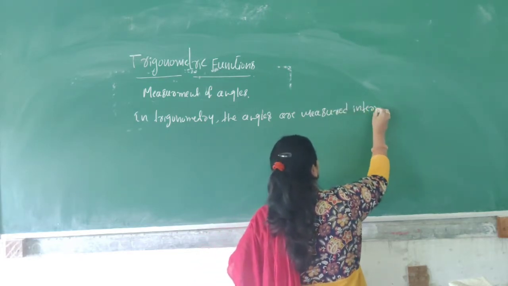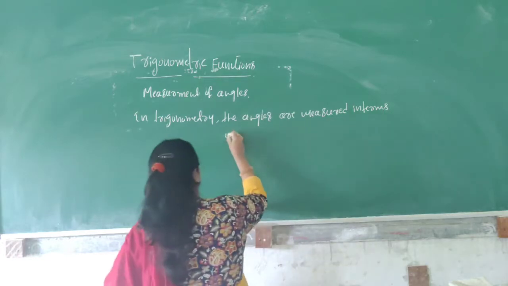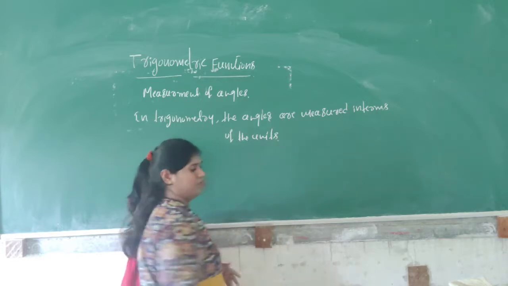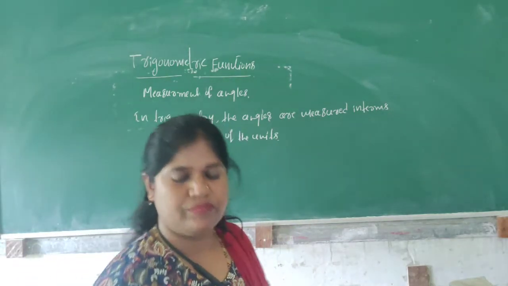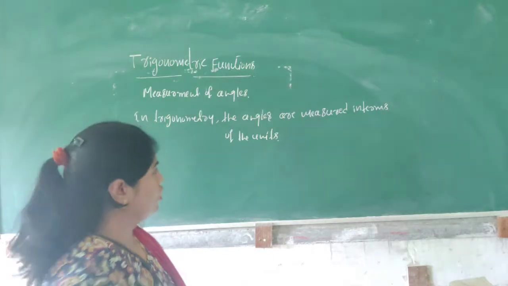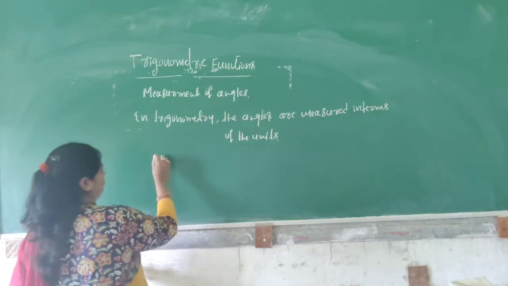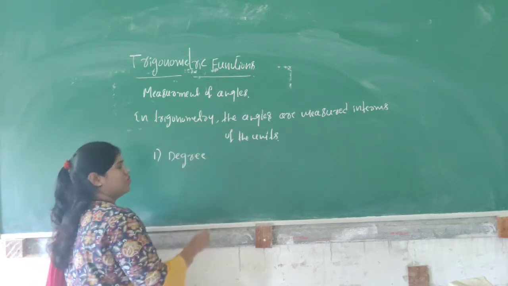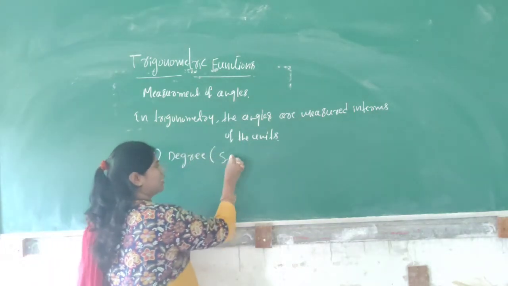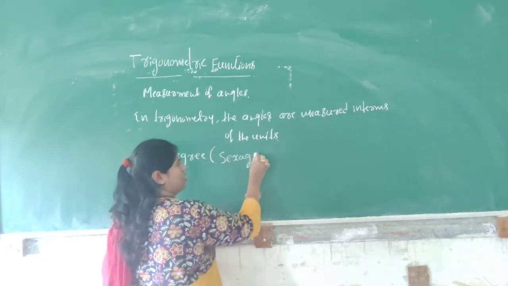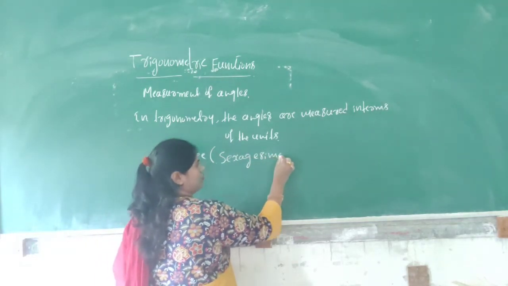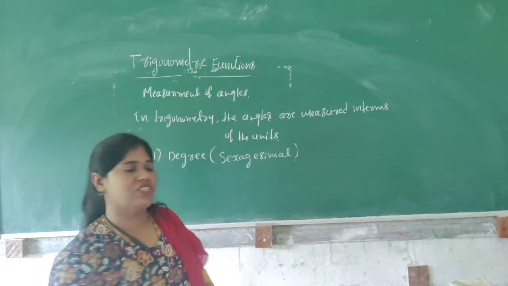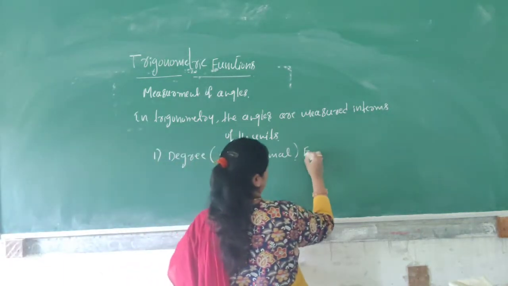The first one is degree, the degree measure, also called the sexagesimal or English system.